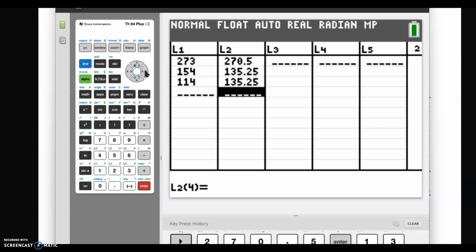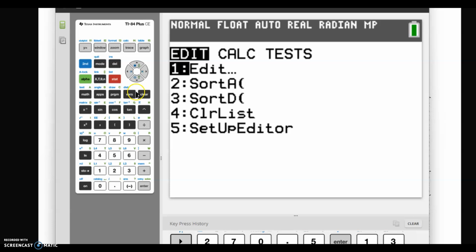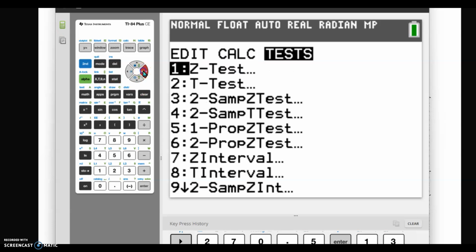So we can see that each of these expected values is at least 5, so we are good to go ahead with our goodness of fit test. We also know that this sample is going to be representative because any bag we buy should be representative of the population. So now we're going to go to Stat and Test.